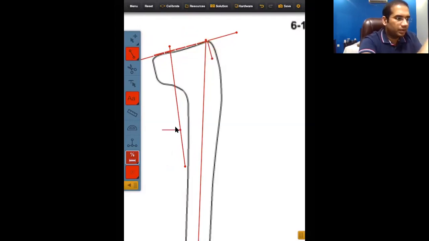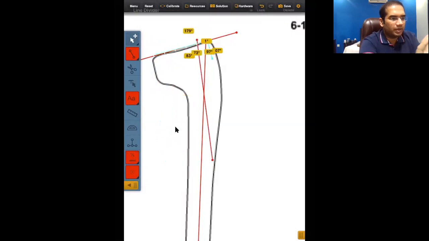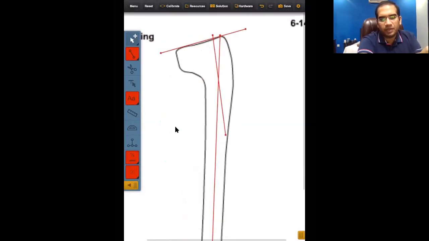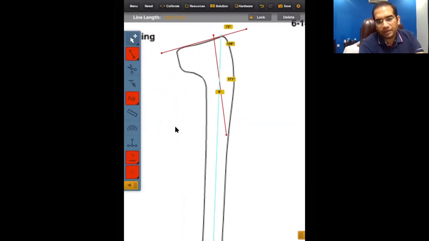Okay, you can also eyeball it, but here, since I have got the option, I have drawn a line which is 81 degrees, and look here, this has given me the location of the deformity, with the magnitude of deformity being 9 degrees.